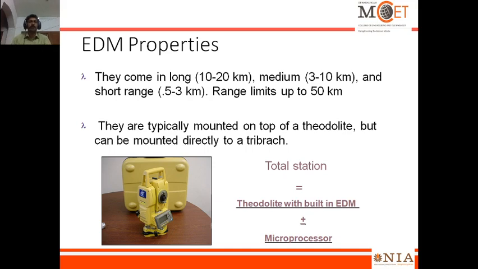A theodolite with EDM principles alone is called an electronic theodolite, and if it is added with a microprocessor, where the data can be stored, recorded, and retrieved for further processing, then it is called a total station. So the microprocessor plays a major role.